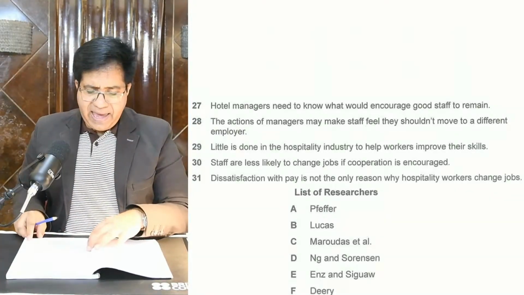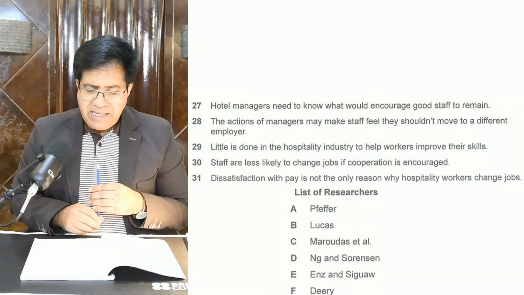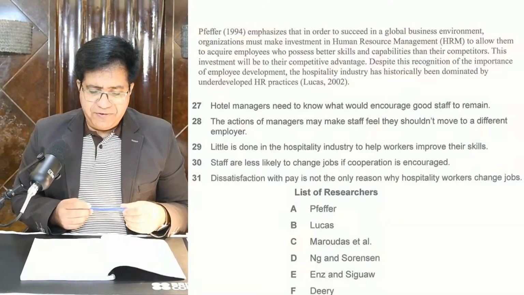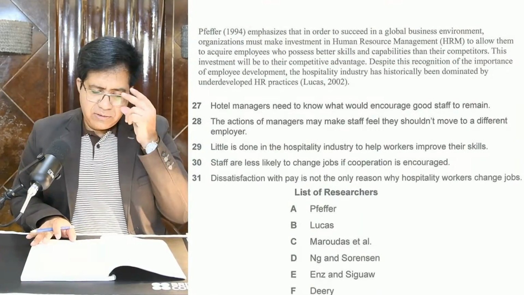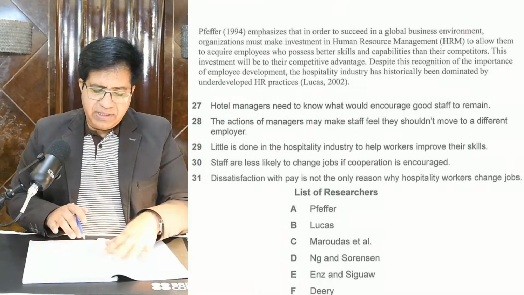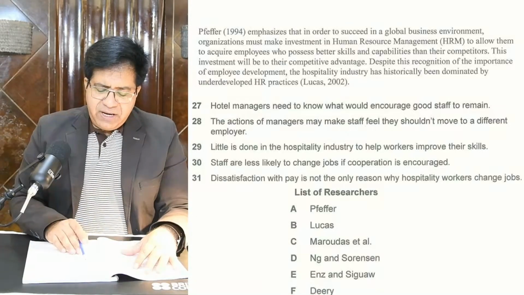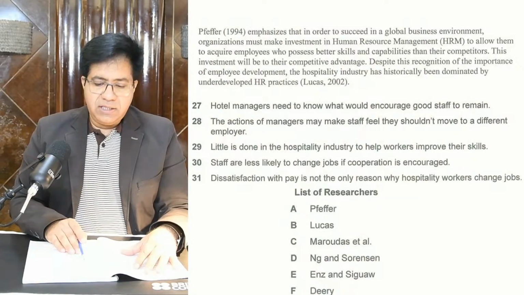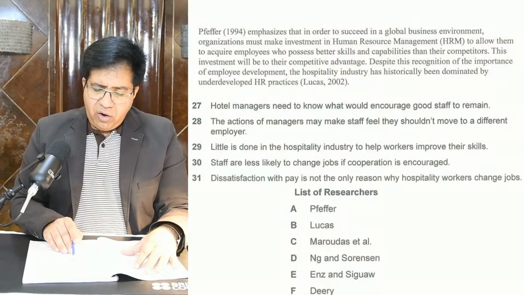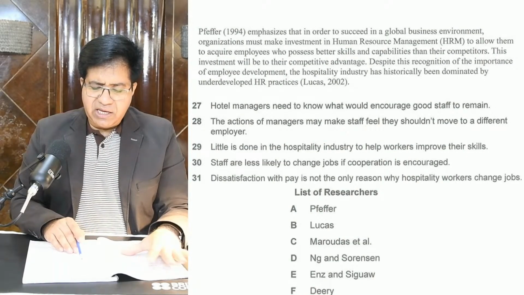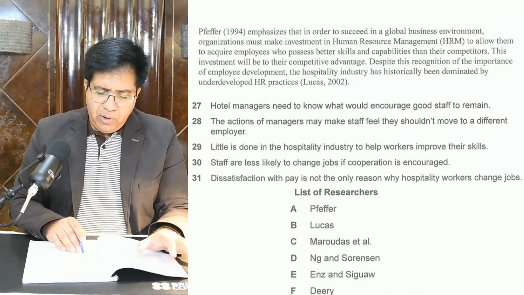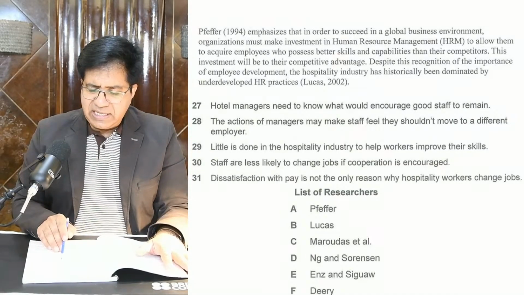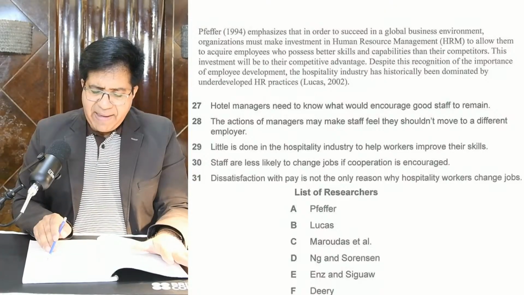Now, please come back. Please come to Pfeffer. Okay, we've got this Pfeffer, and we are going to read from there. Pfeffer emphasizes, found it? Okay, that in order to succeed in a global business environment, organizations must make investment in human resource management to allow them to acquire employee who possesses better skills and capabilities than their competitors.